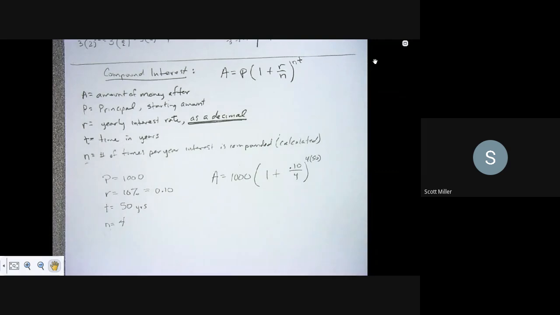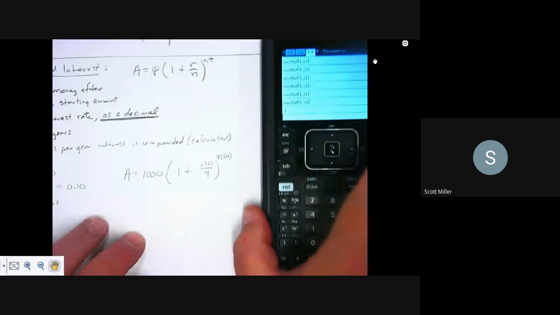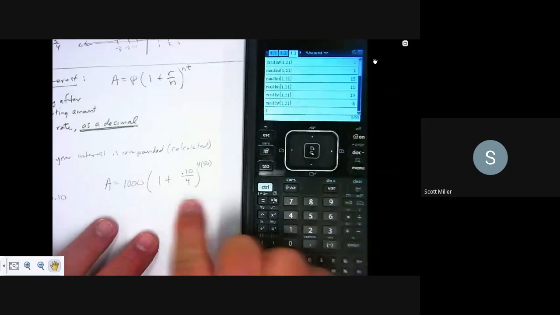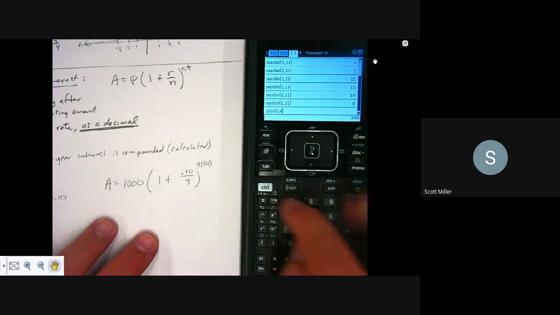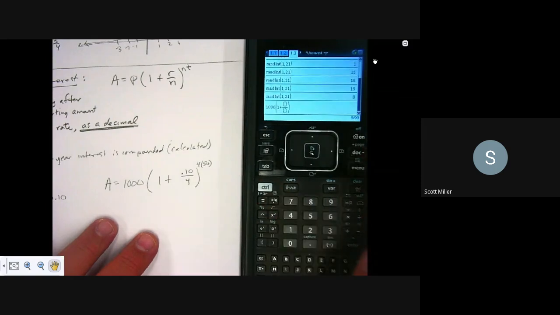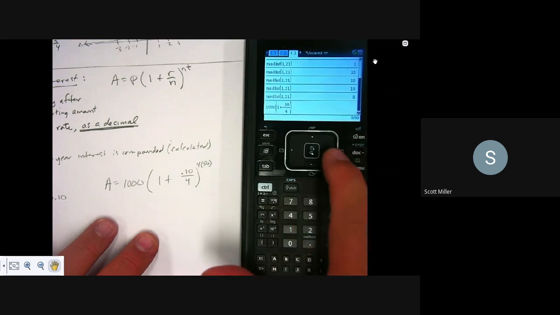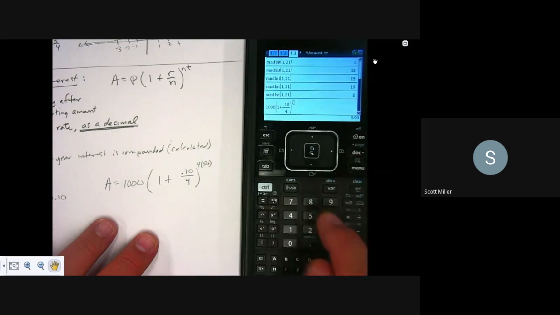Let me get my calculator. So, type it in as you see it. So 1,000 times, and then I have 1 plus a fraction. The fraction is 0.10 over 4. And then I'm going to raise that to 4 times 50.